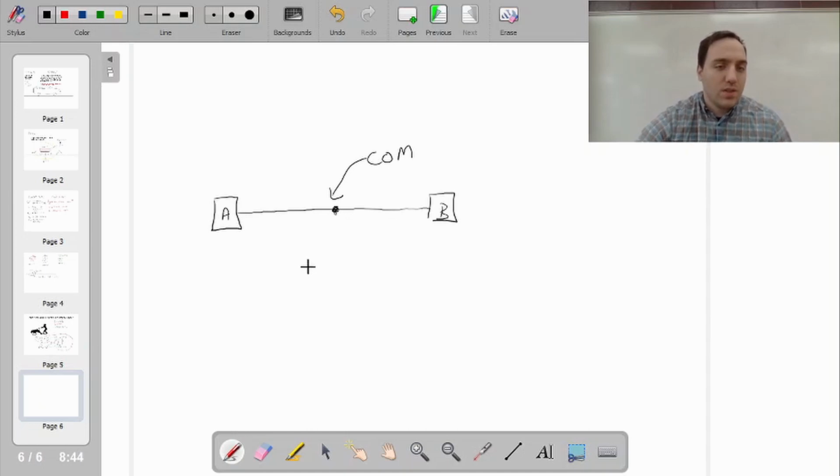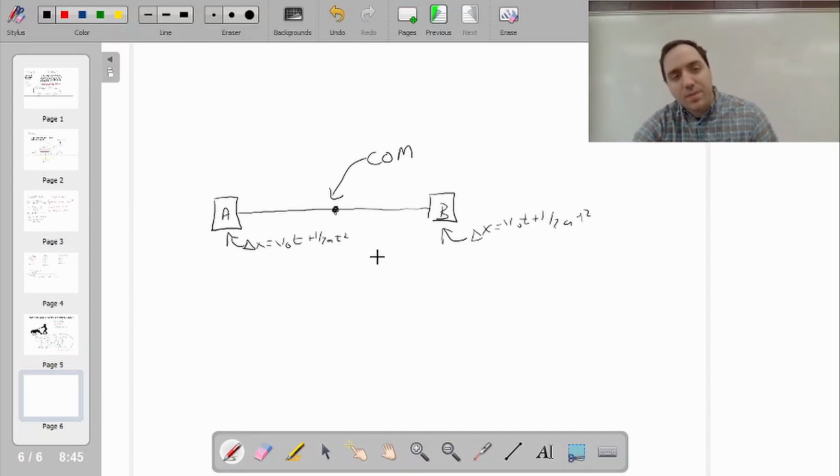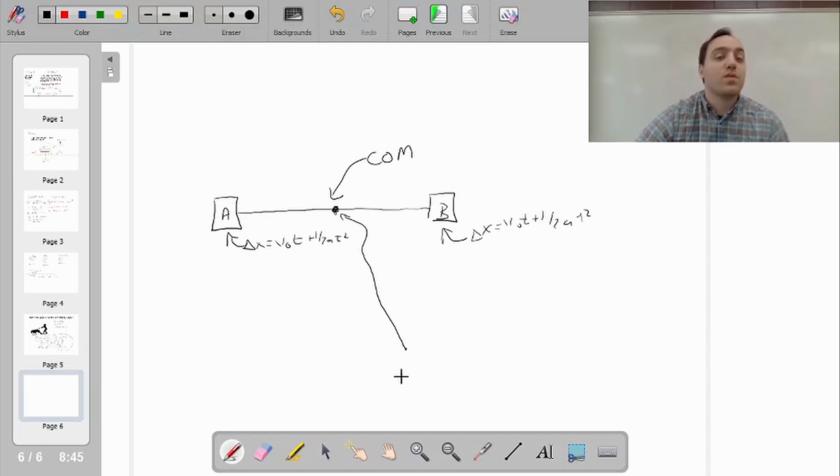What this allows us to do is, instead of having to do the kinematics equation, delta x equals v naught t plus 1/2 a t squared, for this one, and then do it again over here, and then look at those results separately and talk about it, we can say, okay, let's do it just for the center of mass and simplify our work.